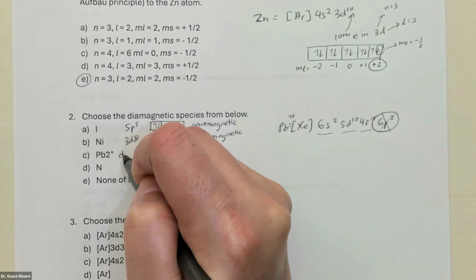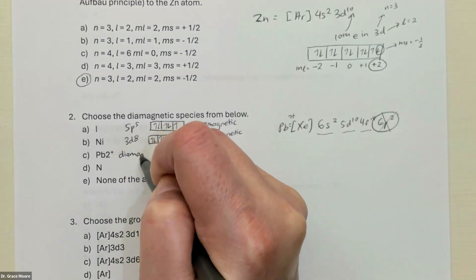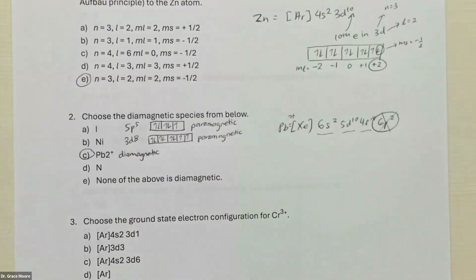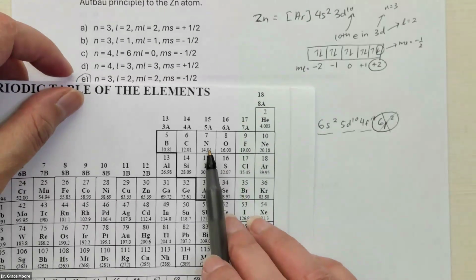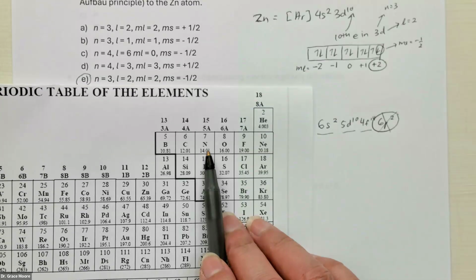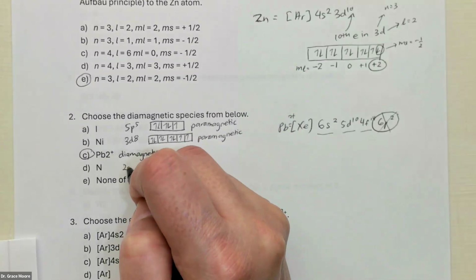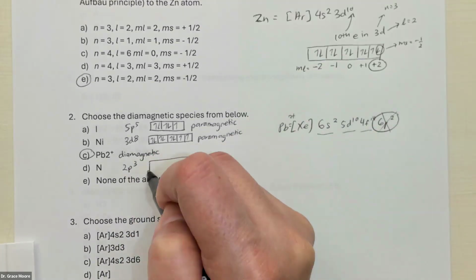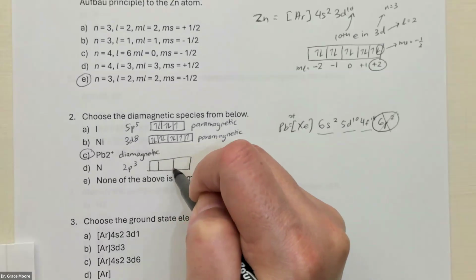So Pb2+ is diamagnetic. What about nitrogen? It is 1s2, 2s2, 2p3. The last one is 2p3, and you'll see it's half filled, so it's paramagnetic as well.